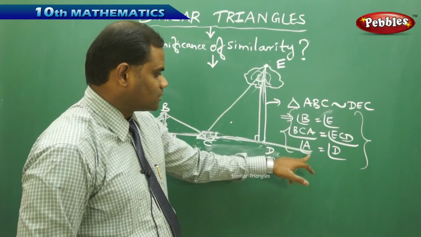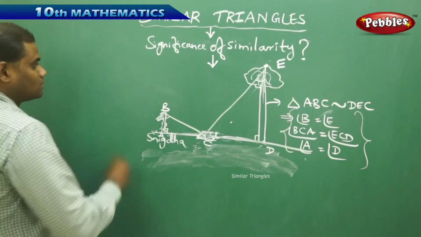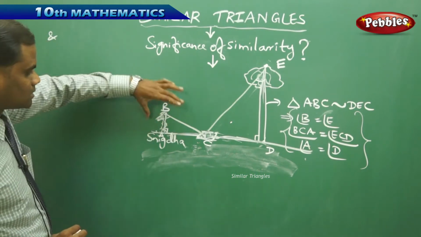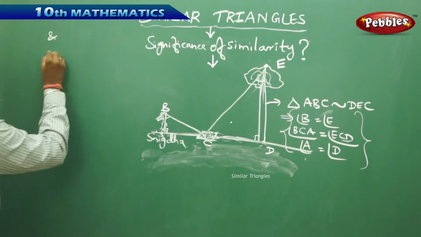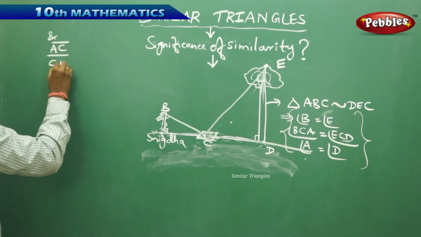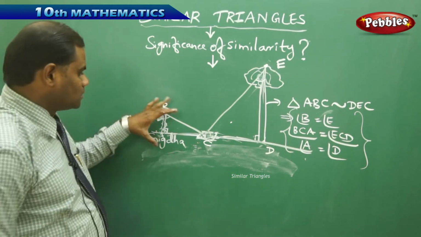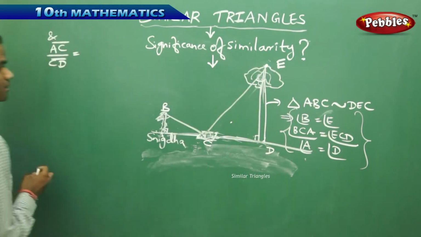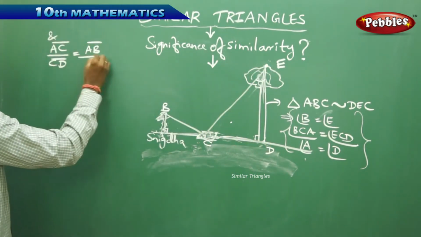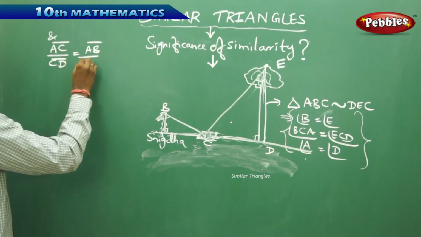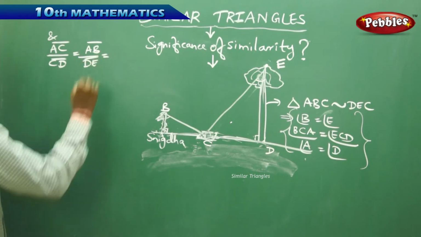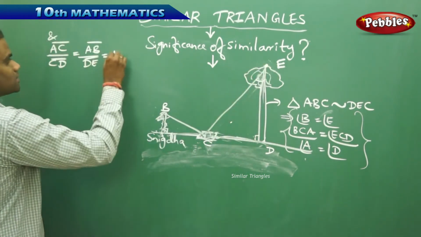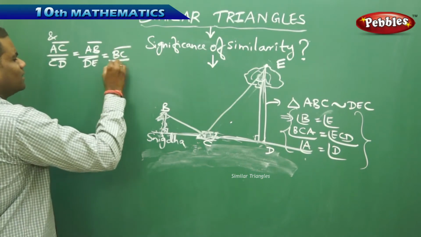That is, the sides AC by CD will be equal, this side by this side, to AB by DE, and that will be equal to the third side BC by EC.